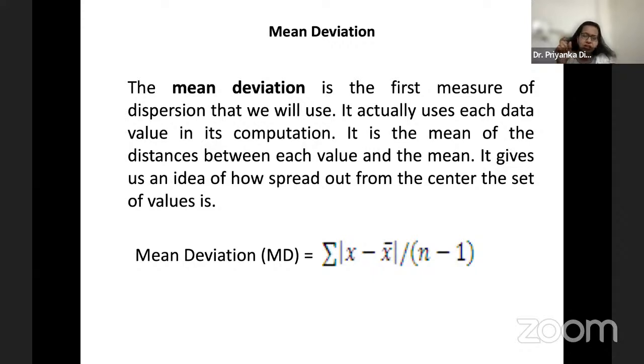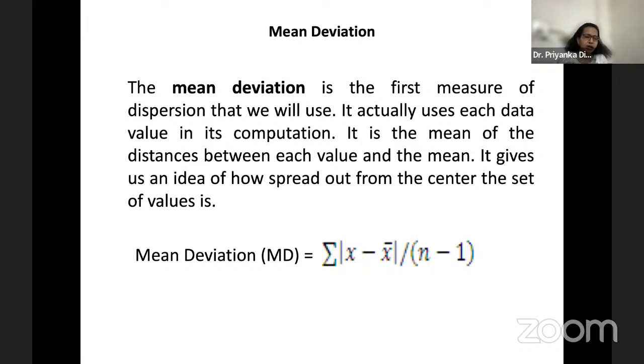Someone has mentioned, I think they wanted to know whether it is n minus 1 or n. It has been observed that if we divide by n, it overestimates the standard deviation. That's why in place of n, we use n minus 1, which is also known as the degree of freedom in statistics.